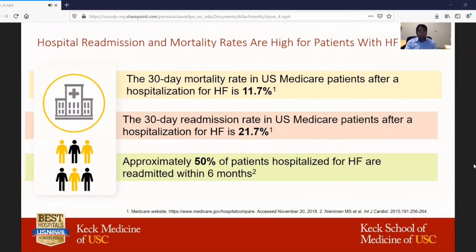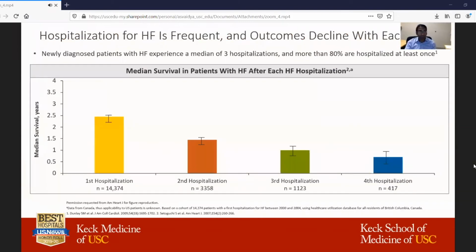So heart failure rehospitalizations are common, they're associated with mortality, and once they happen the first time, they happen repeatedly. And this further hammers on the point. The hospitalizations are frequent and the outcomes decline with each subsequent hospitalization. The median number of hospitalizations is 3, and more than 80% are hospitalized at least once.